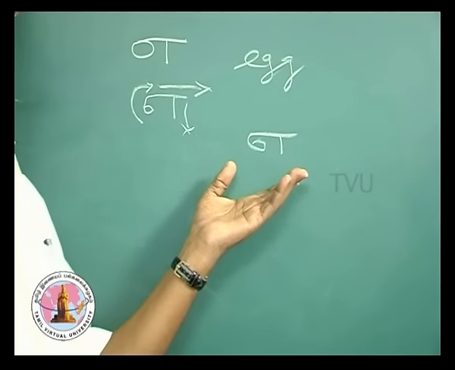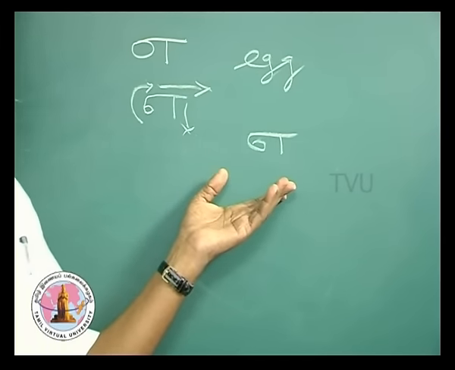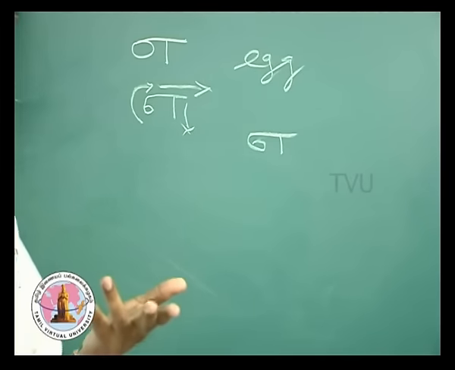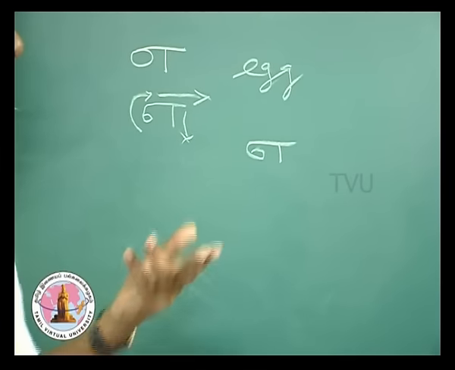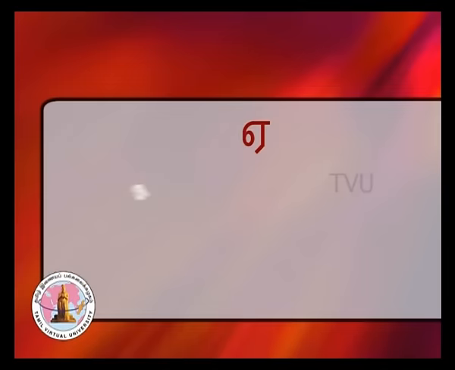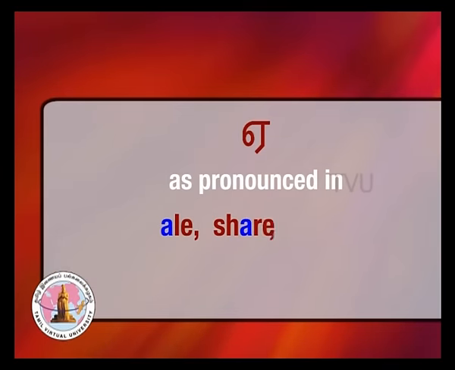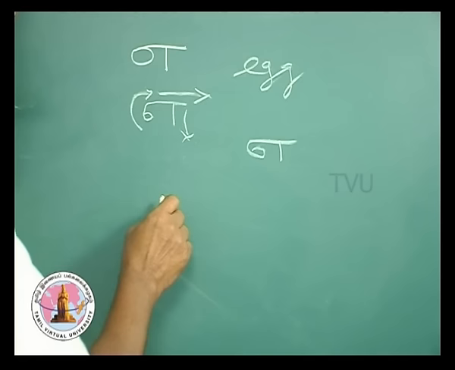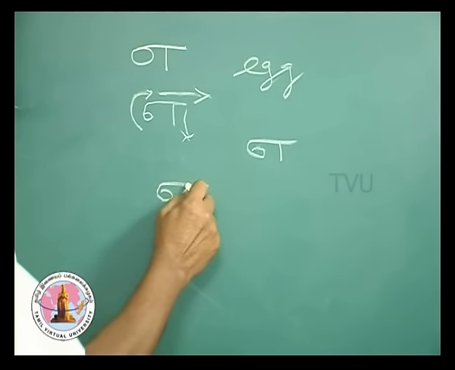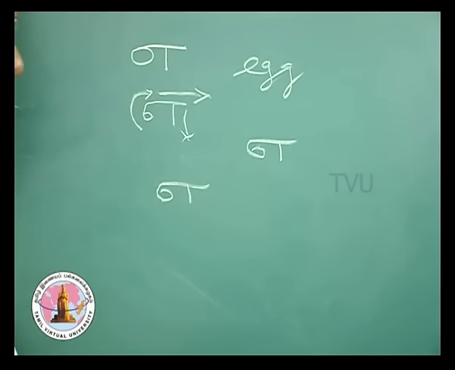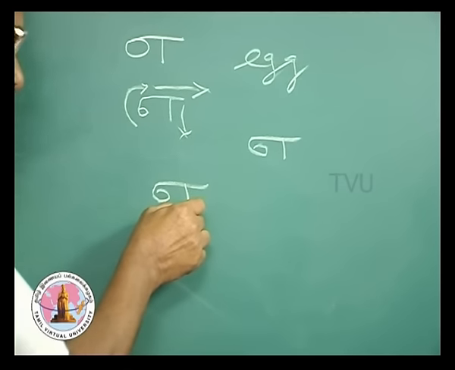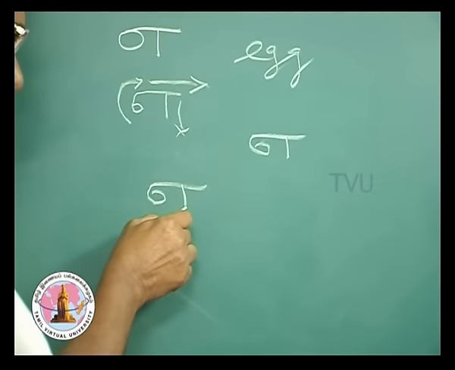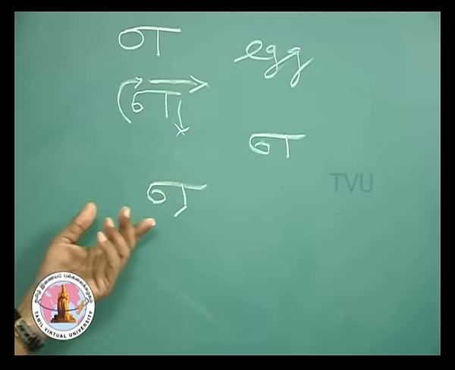And the next letter naturally will be the elongation of it, that is A, as you have ale, share. This is nothing but A written first, and then from the end we extend it this way.